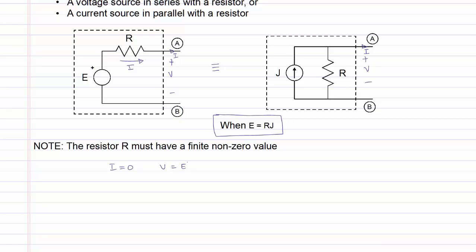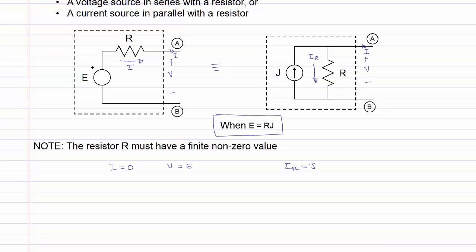And since this current is equal to 0, the voltage V on the left-hand circuit will be equal to the voltage source value E. For the circuit on the right, let the current through the resistor be denoted by IR. Note that if nothing is connected to the terminals A and B, then IR will be equal to J, the current source value.